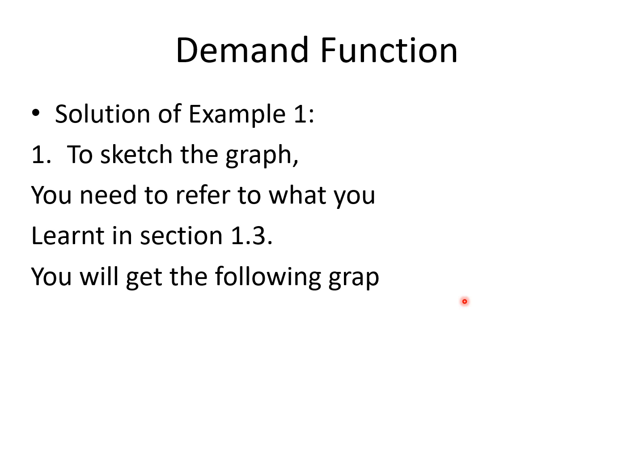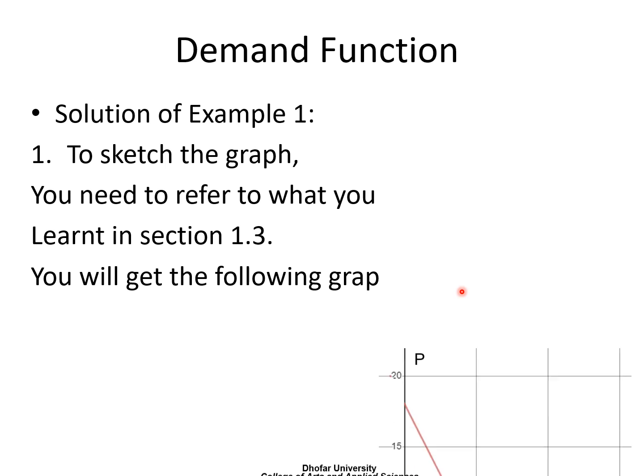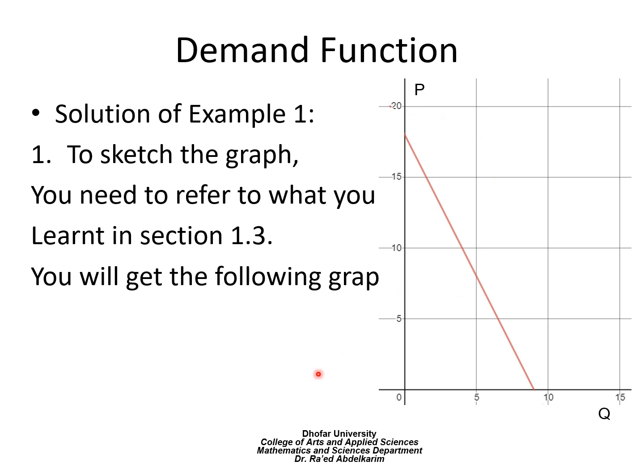If you remember, you need to generate the table for X and Y, but now we call them QD and P. You have to assume some values for QD, two values are enough, and you calculate the corresponding values of P. You create the table, and then you use the table to graph the function in this example. So you will get this line, this graph. So this is the decreasing function graph.